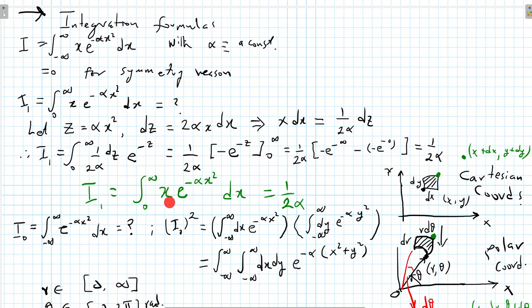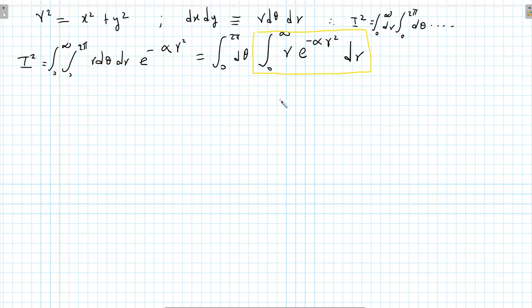Okay, so this is r e to the minus alpha r squared dr. So use r instead of x. So we have already known what the answer is for that part of the integration, so we're just going to put it in.